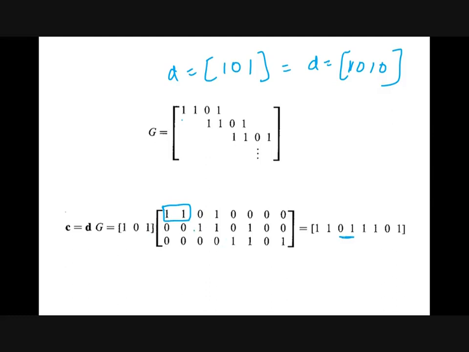Moving to the third, 0 0 plus 1 1, 0 0 plus 1 1, giving me 1 1. So the third came. The fourth bit is 0 0.